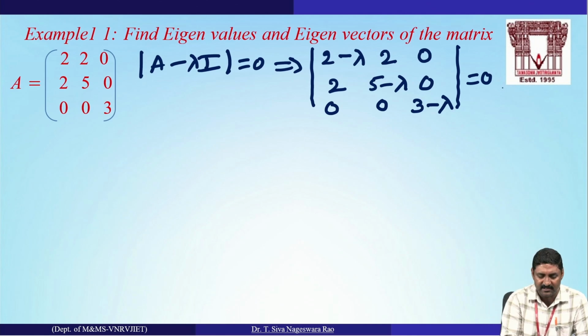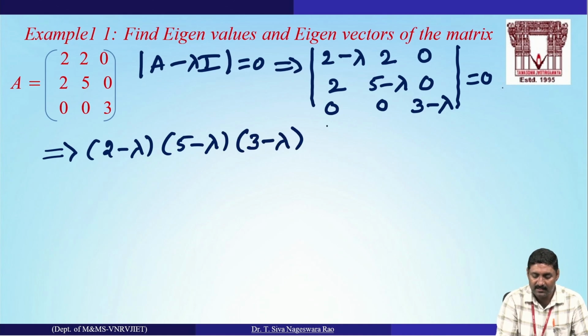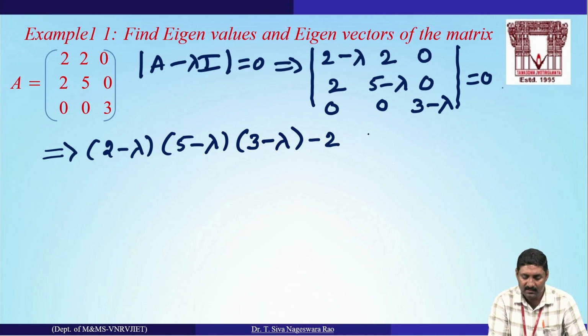Now I will find the determinant. This implies (2 minus lambda) into (5 minus lambda) into (3 minus lambda) minus 2 into 2 multiplied by (3 minus lambda) is equal to 0.